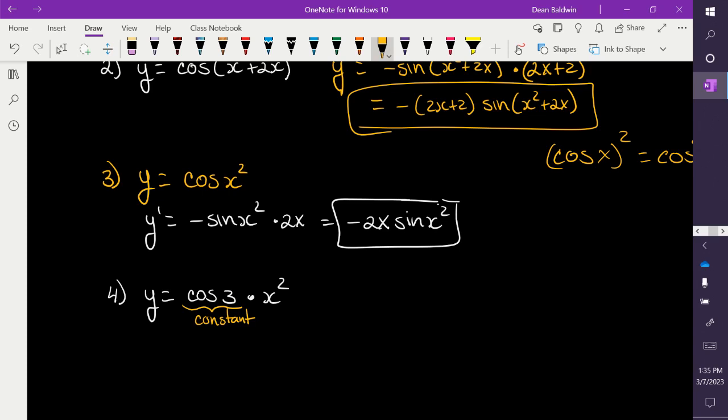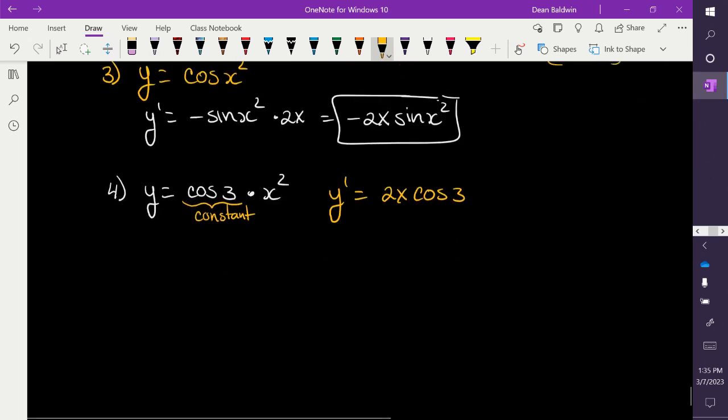Like I could put the number in and get a decimal, right? If there's no x, it's just a constant. So you're just doing the derivative of x squared. So this is just y prime is equal to 2x cos of 3. Because you're not deriving cosine of 3. If you put that in your calculator, you're going to get a decimal, right? Yeah, like this is separate, right?